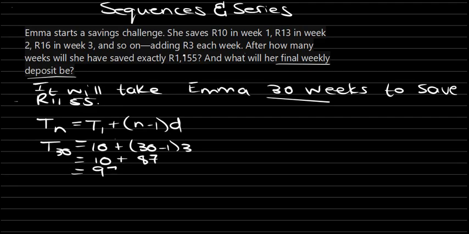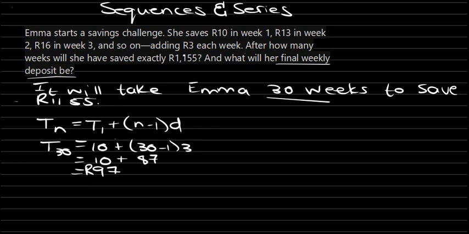T30 is 97 Rand. So our final answer is that she takes 30 weeks to save up 1,155 Rand, and the last amount that she deposits is 97 Rand, and that solves our problem.